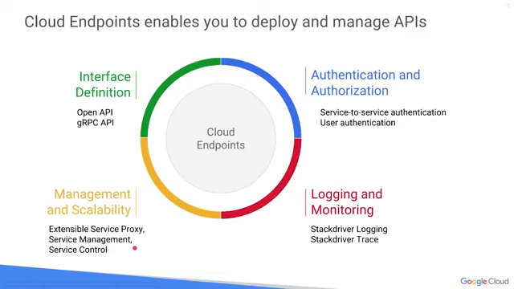The Extensible Service Proxy, Google Service Management, and Google Service Control APIs together validate requests, log data, and handle high volumes of traffic. Using Cloud Endpoints, Stackdriver Logging, and Stackdriver Trace, you can view detailed logs, trace lists, and metrics related to traffic volume, latency, size of requests and responses, and errors.